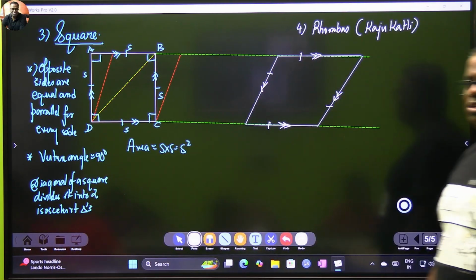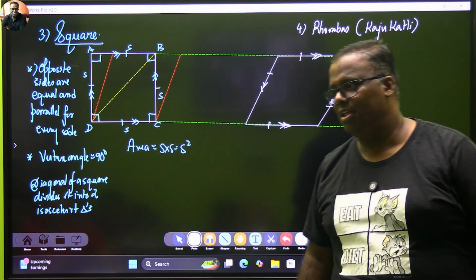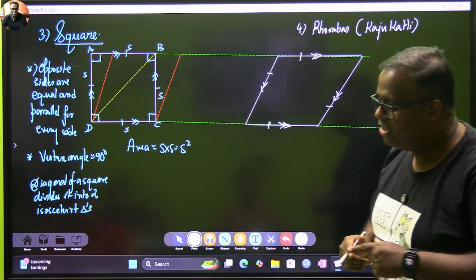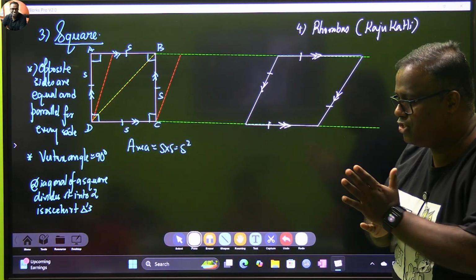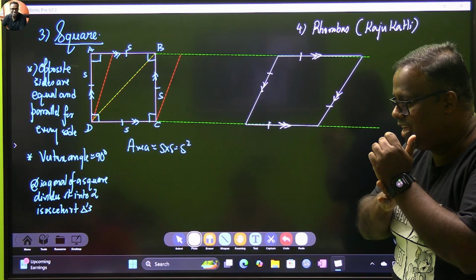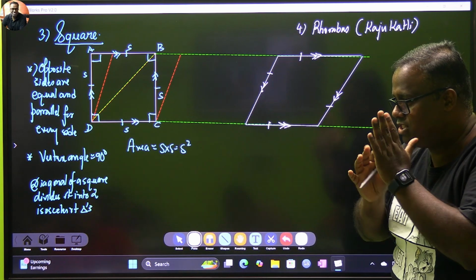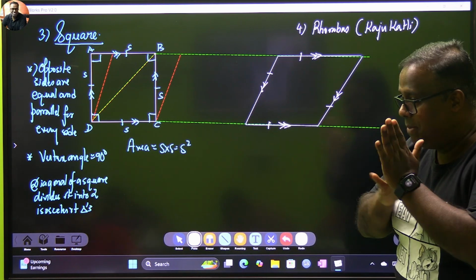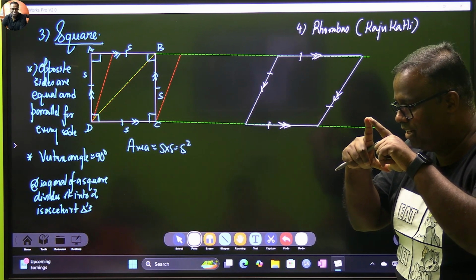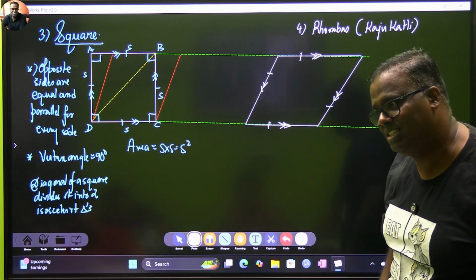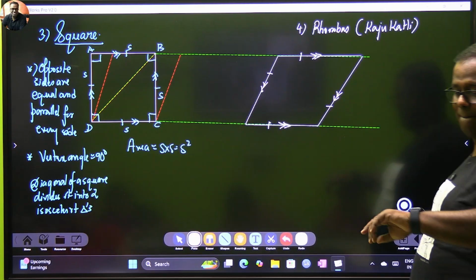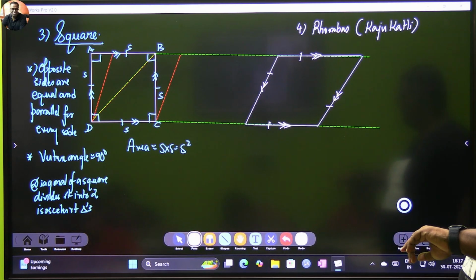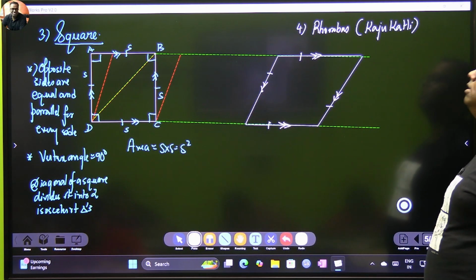The Kaju Katli is a rhombus. Those small little sweets made of a batter of cashew and milk and a little cottage cheese, mixed and ground together, made into a paste, and then you bake it. Kaju Barfi, you understand? It is that Kaju Barfi. So this is called the rhombus.